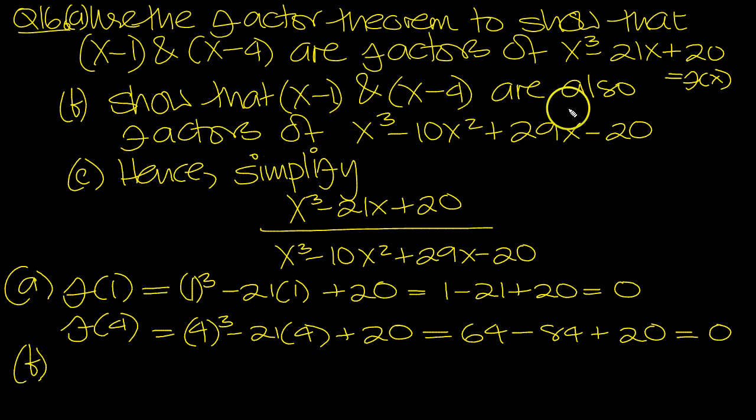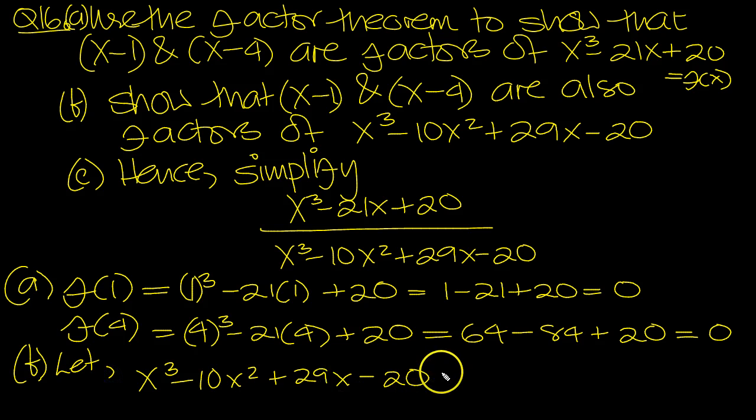Show that x minus 1 and x minus 4 are also factors of this. Well, x cubed minus 10x squared then, plus 29x minus 20. So let this equal x minus 1, x minus 4 times ax plus b.